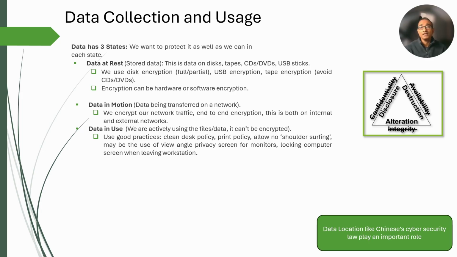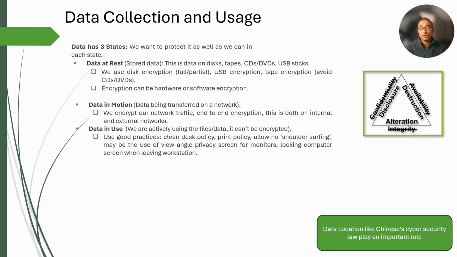Dominantly, data has three states, and we would want to protect all those three states in order to make sure that data protection is an end-to-end endeavor and it is not something applied piecemeal.